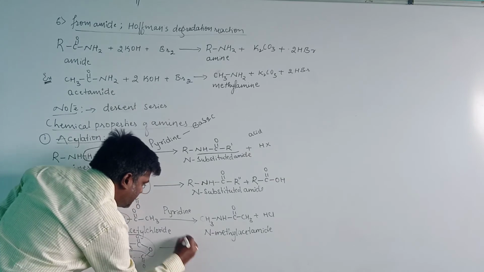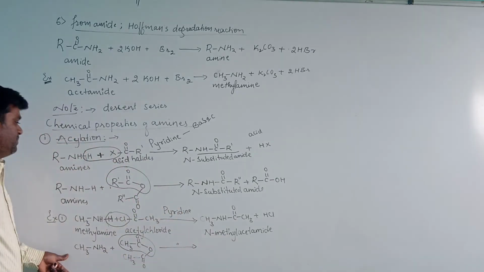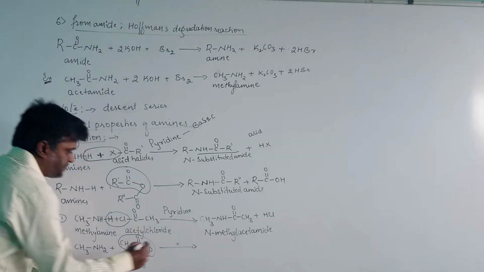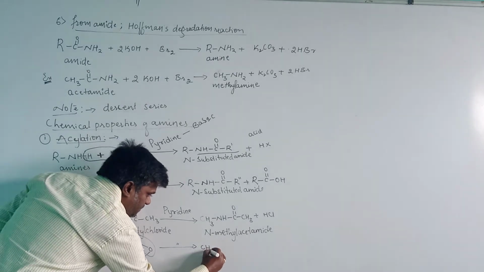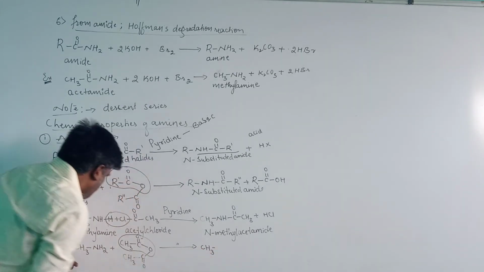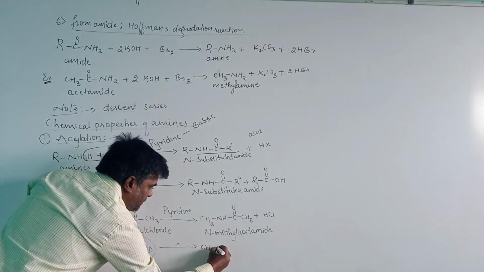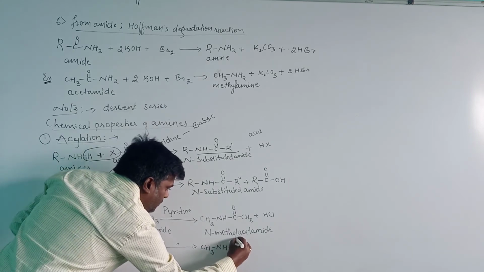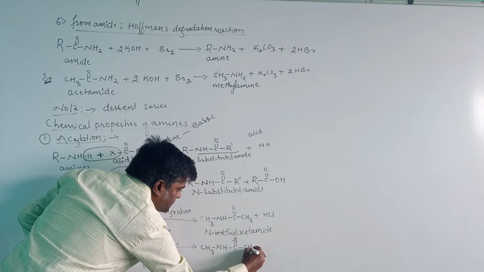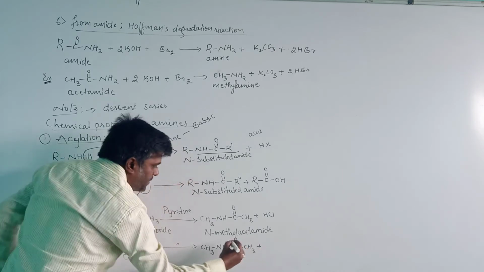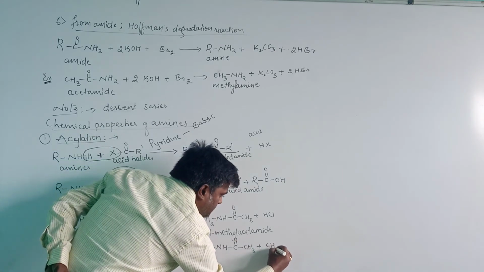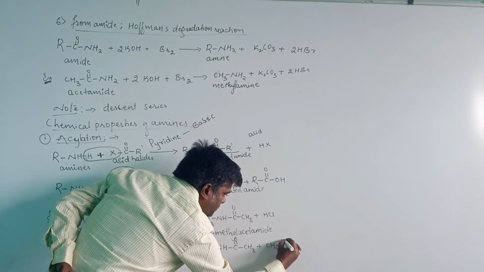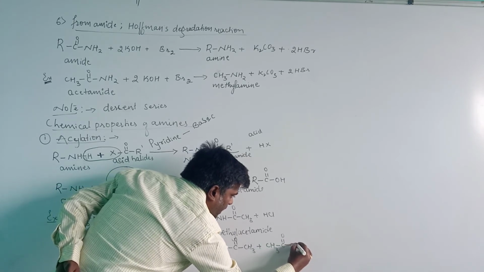This reaction is carried out in the presence of pyridine as catalyst here. CH3 NH C double bond O CH3 plus the byproduct here, CH3 C double bond O OH.